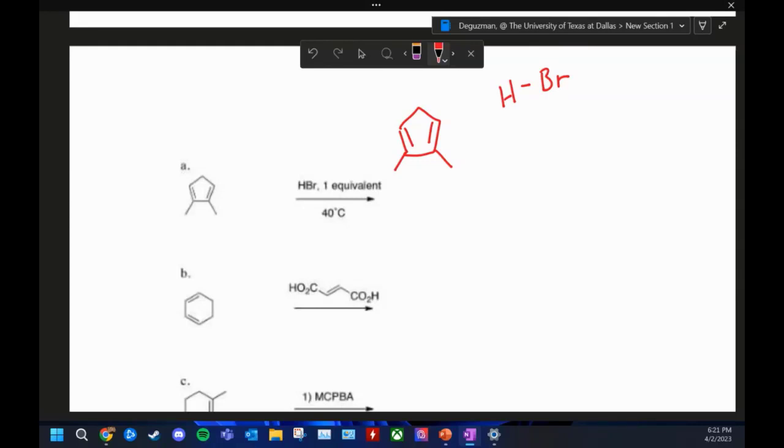Okay, so whenever you're adding onto dienes, what's the first thing that the diene does? Sorry, I'll give you a hint. The diene can act as a nucleophile. So what does it take from the HBr? Does it take the H or does it take the Br?